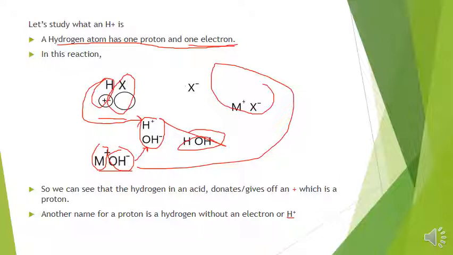So whenever you see H plus, it's simply a proton. We only do that when we talk about acids and bases. If we talk about protons in any other types of situations, we don't talk about them as being H pluses, only in acid-base reactions.